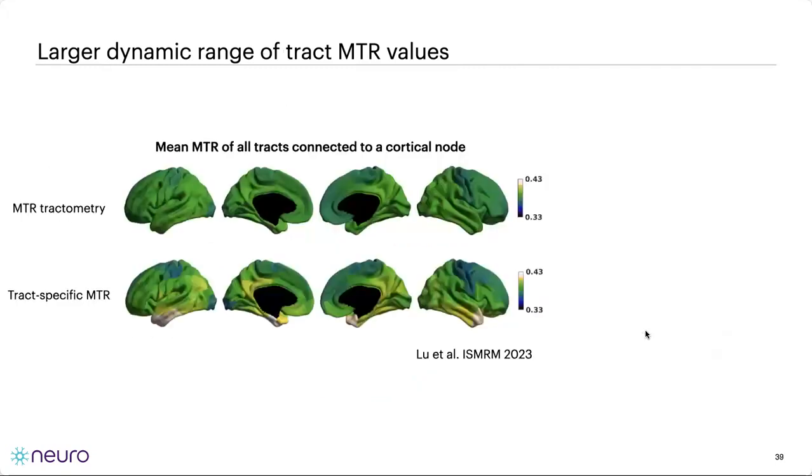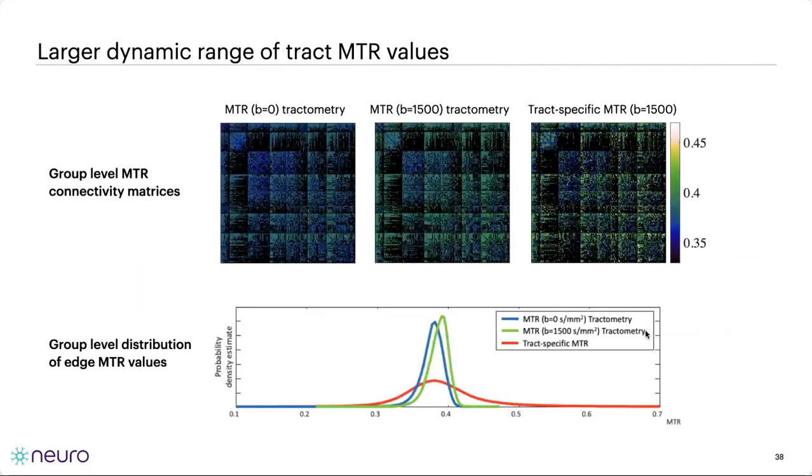So now just looking at this a little further using a connectivity approach. Here we have MTR using the conventional way of tractometry, did it for a B value of 0 and a B value of 1,500 just to compare apples with apples, okay? But this is still the conventional approach, and this is our new approach.